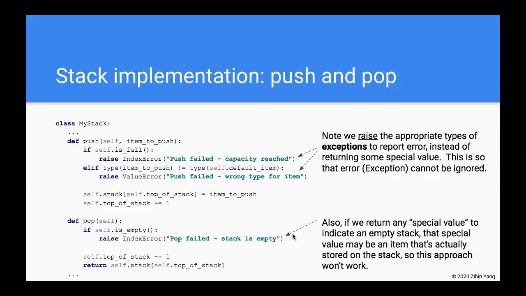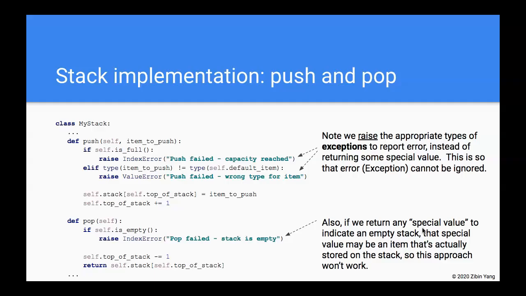Also, another reason to raise an exception to report an error is in the case of pop. Now, if we don't raise an exception here, but instead return some special value to say the stack is empty, let's say we return None to say we don't have anything in the stack. Well, what if None is a valid item that the client code has pushed onto the stack?